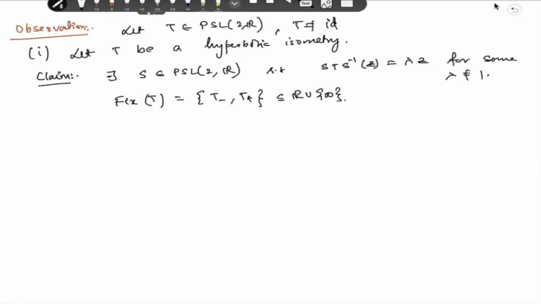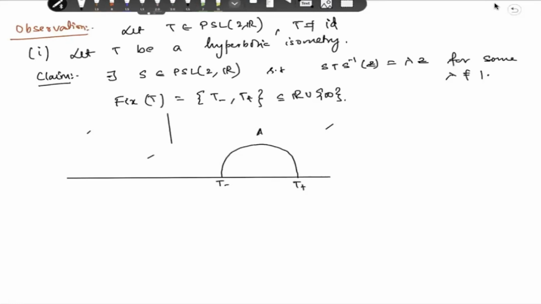So we can draw this picture here. This is my upper half plane, and suppose T minus and T plus lie on the real axis. The axis of this hyperbolic isometry, I have taken it to be A. So A is a geodesic joining T minus and T plus. And now let us take the imaginary axis.